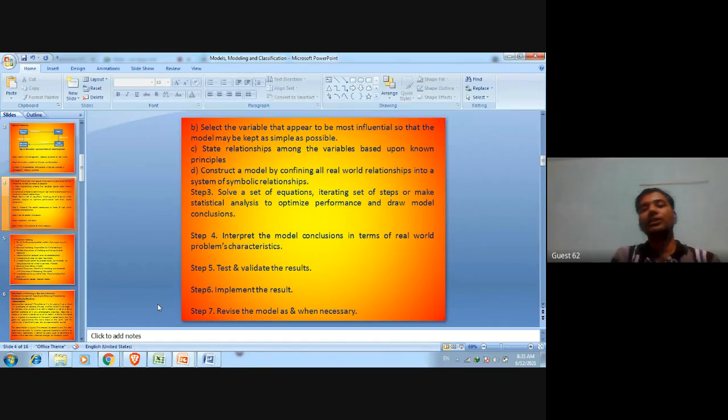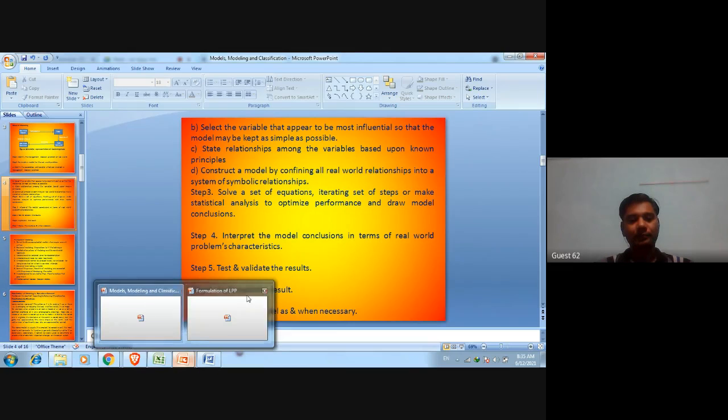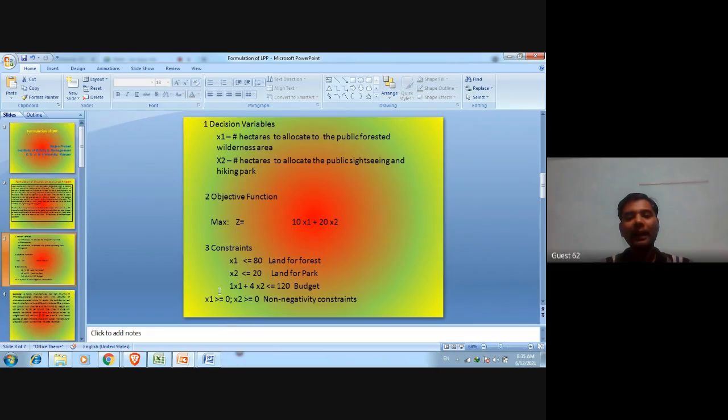According to the situations, we have to create relationships just like this. Here I have created a relationship between the budget that was available and the land that was available and the maintenance cost that was related to that land.